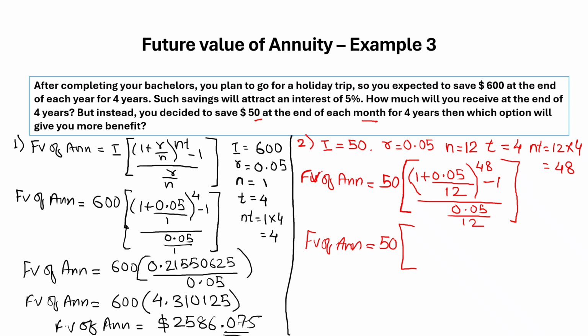So we will get 0.220,895,355. Now listen to me carefully.